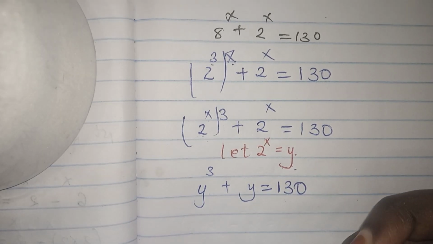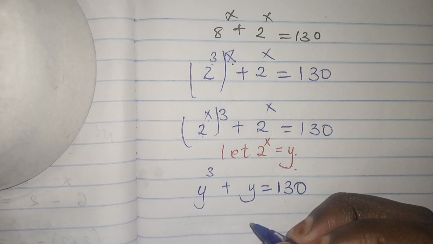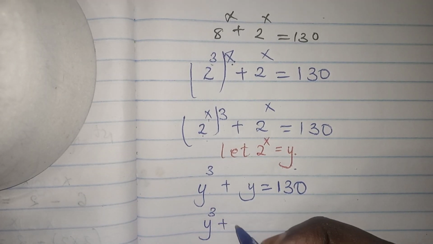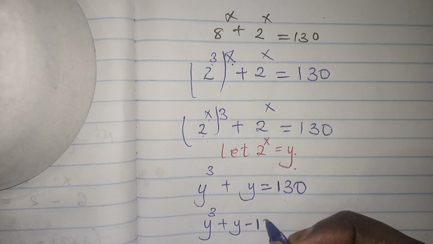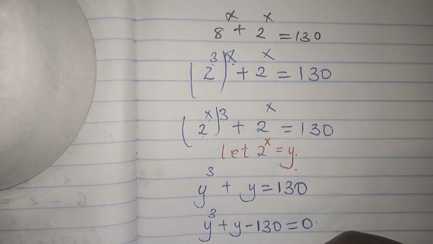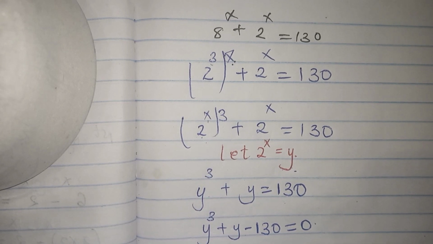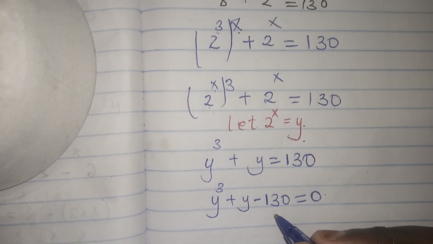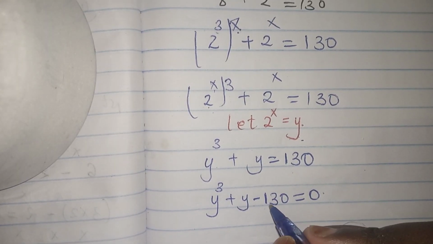Right? Next step, I want to bring 130 to the other side. So this will be y cubed plus y minus 130 is equal to 0. Okay, so the nearest cubic number to 130 is 125.